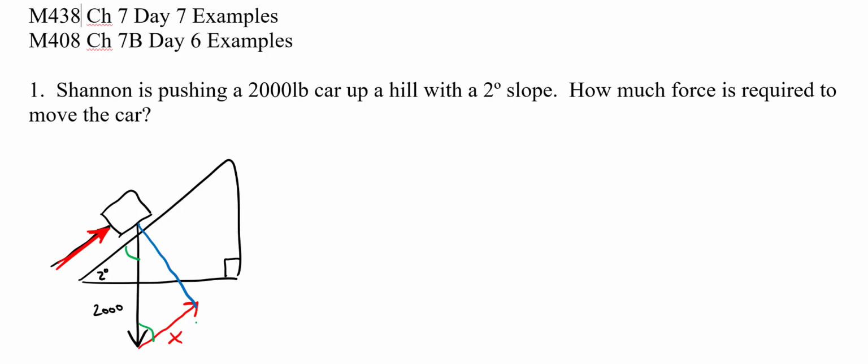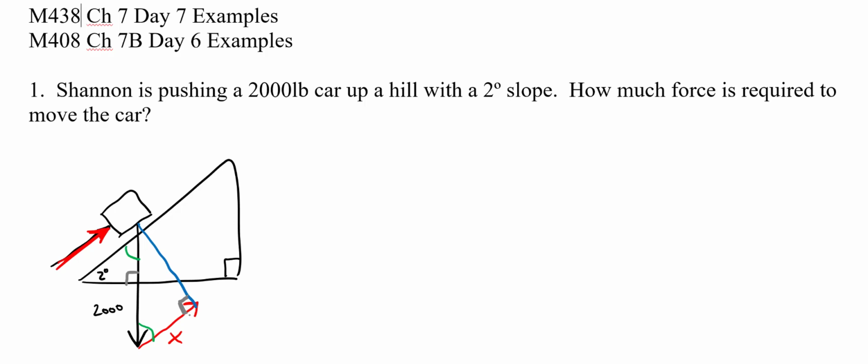Those are parallel, so those angles are congruent, the green angles are congruent. I'm going to use one more color, gray. This is a right angle, and this is also a right angle. Those are both right angles.